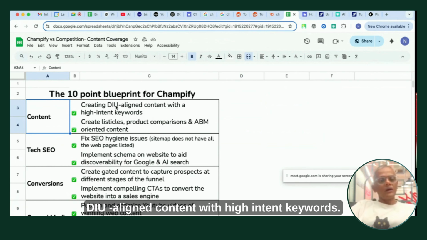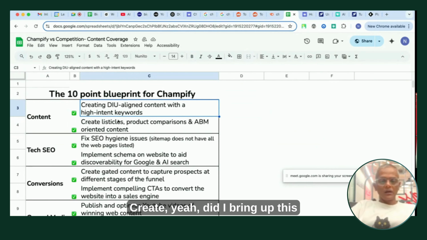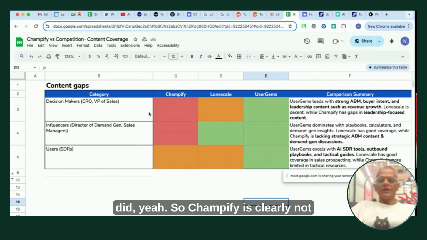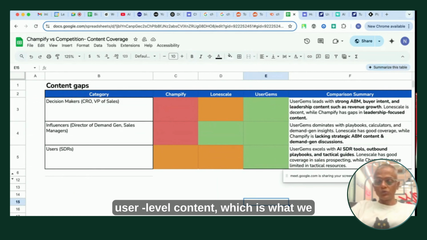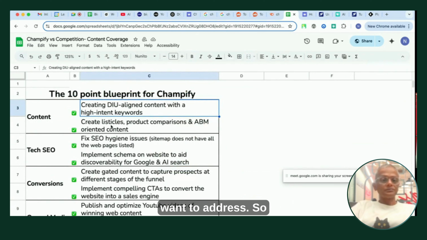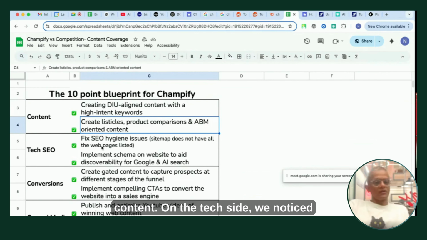Content-wise, we're saying create DMU-aligned content with high-intent keywords. Did I bring up the gap analysis? We did. Champify is clearly not writing content for decision makers. They're very heavy on user level content, which is what we want to address. So create listicles, product comparisons, and ABM oriented content.